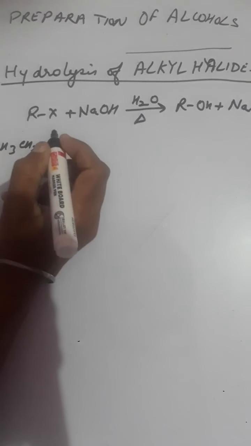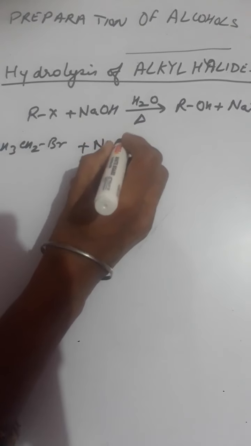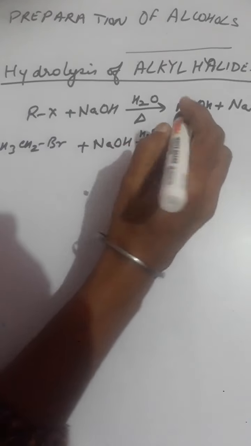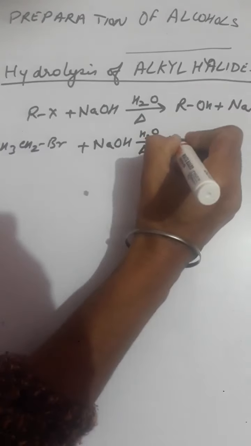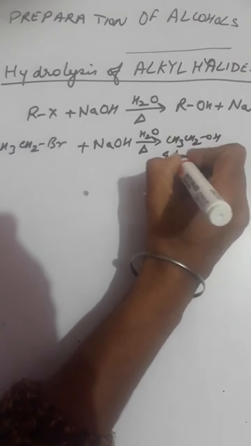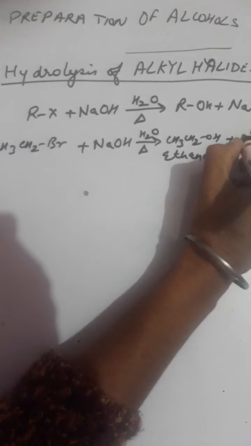For example, let's take CH3CH2Br, ethyl bromide. When treated with NaOH in the presence of water, it forms CH3CH2OH, which is ethanol, plus we will get NaBr.